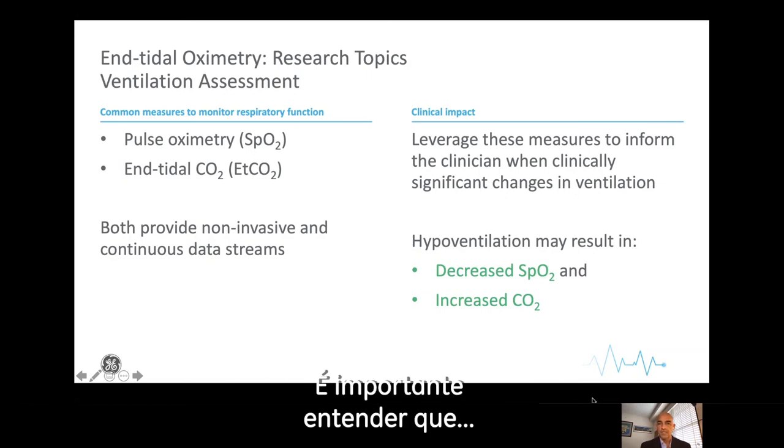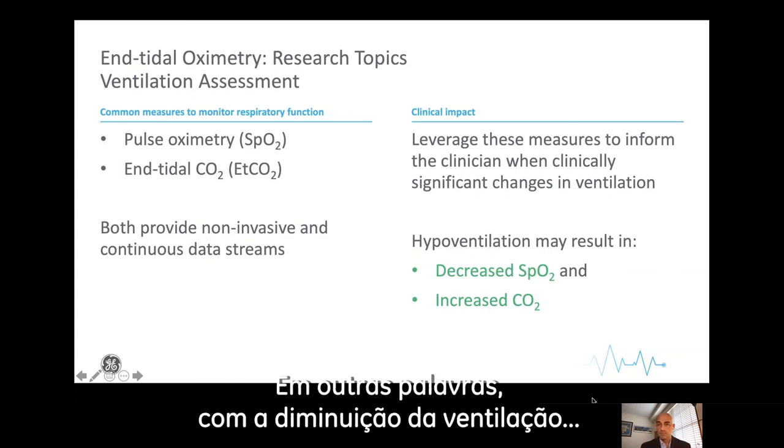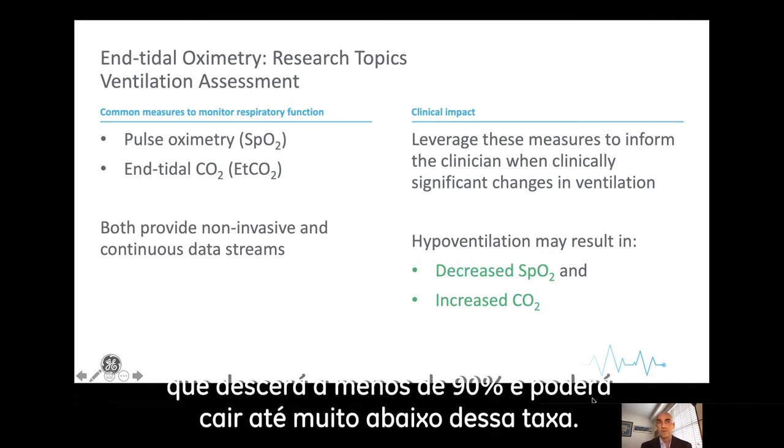It is important to understand that under the conditions where hypoventilation is occurring, it is understood that there will be changes in SpO2 and end tidal CO2. Namely, as ventilation decreases, ultimately there will be a decreased change in SpO2, where SpO2 will drop below 90% and can be quite profoundly lower than that.